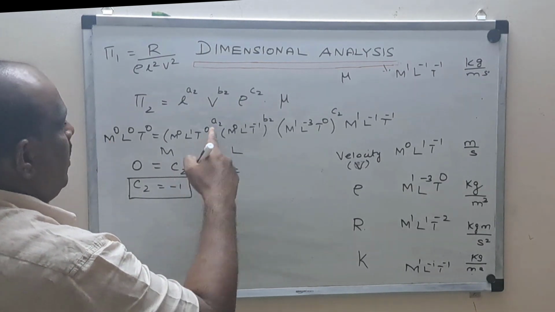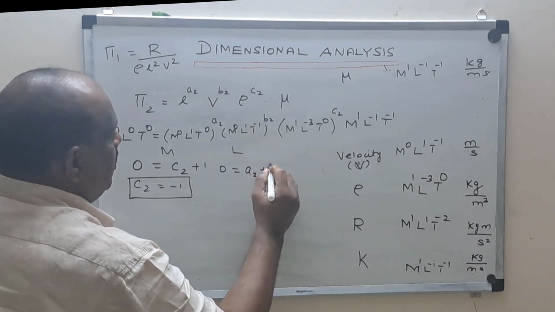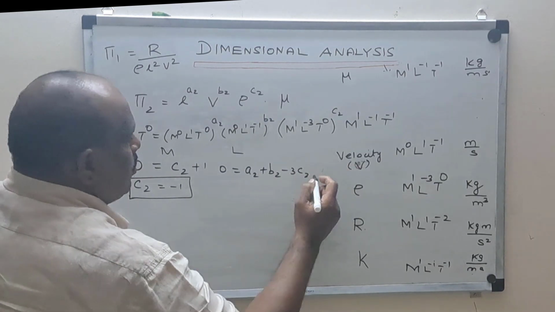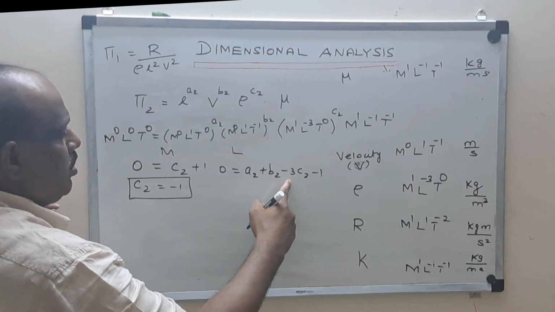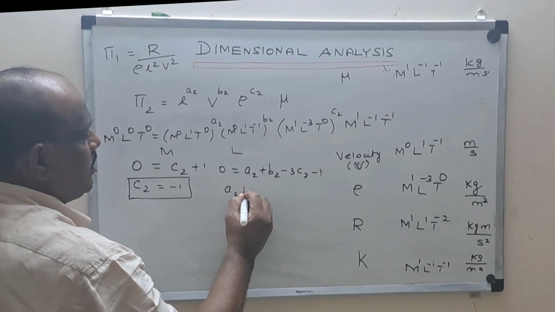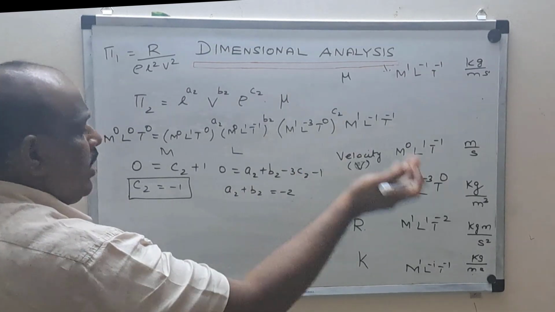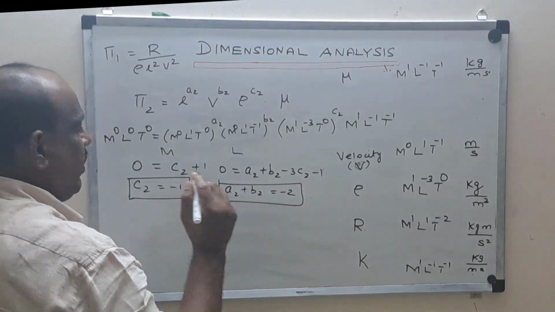The right hand side will become A2 plus B2 minus 3C2, and then minus 1. So C2 equal to minus 1, so minus 3C2 will become plus 3, and minus 1 will become plus 2. So A2 plus B2 plus 2 equals 0, and taking plus 2 to the other side it becomes minus 2. This is one expression. Okay, let us move further.